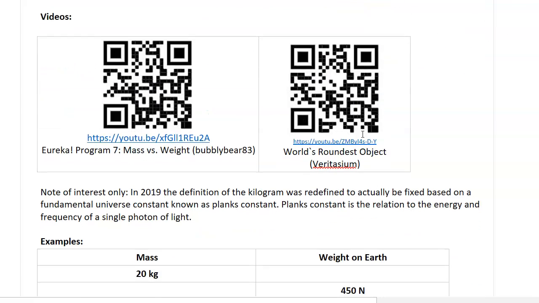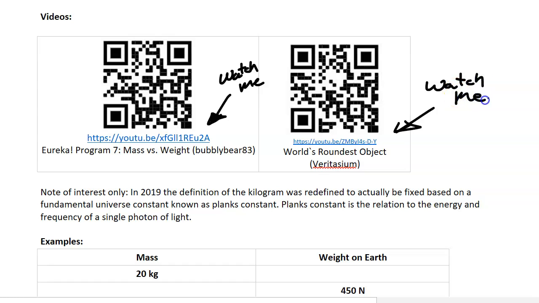Now, if you have not watched these two videos yet, they were also included in the lesson on Teams, so make sure you watch them. The Eureka one does a really good job at explaining the difference between mass and weight. And the Veritasium one talks a lot about the kilogram.